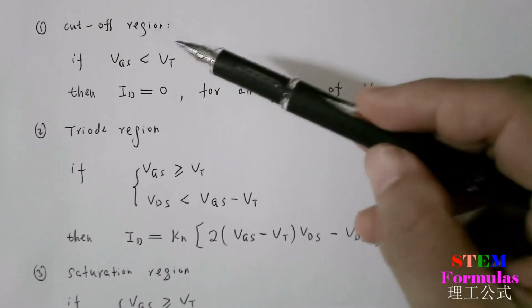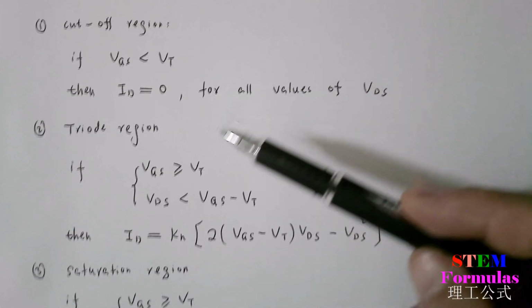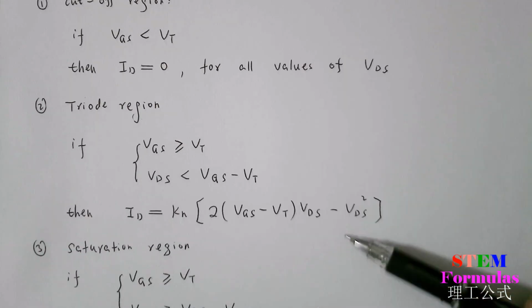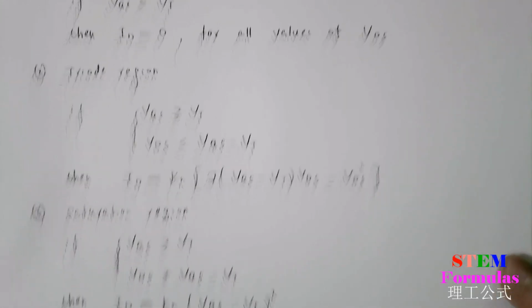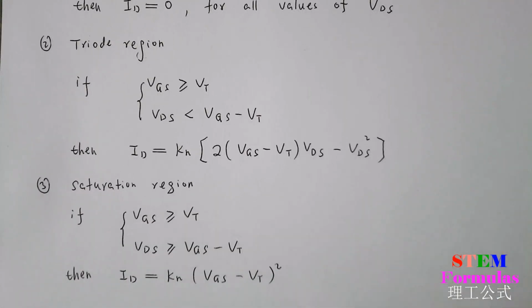So we have cutoff region, triode region, and we have saturation region.